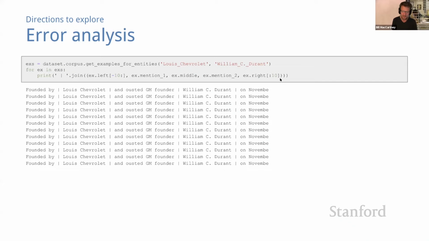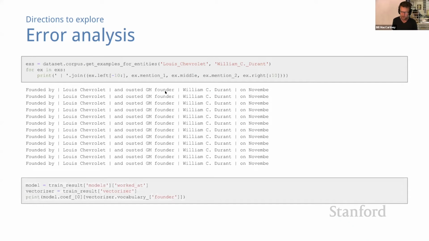I suspect that it's because of the word founder, because X being a founder of Y strongly implies that X worked at Y. And actually, we can check this. It's not that hard to write some code to inspect the weight that was assigned to the word founder in the model for the worked at relation.